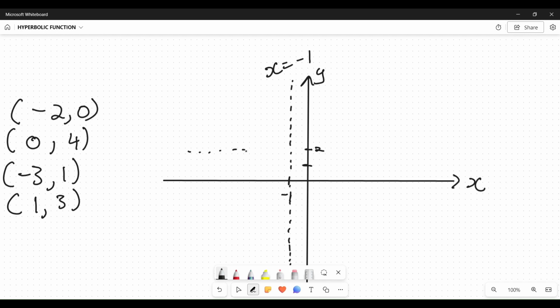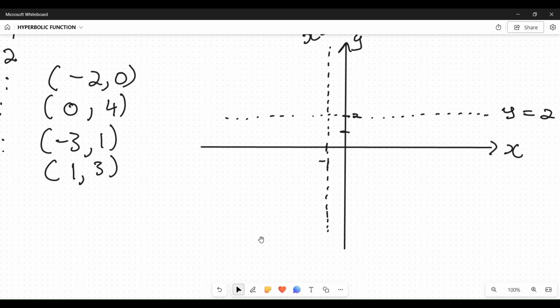Then this will be our horizontal asymptote, y equals to 2. Now let's plot our intercepts, x and y intercepts. We have -2. Suppose this is -2. Obviously this is not drawn to scale. So now this will be our x-intercept, -2 and 0.